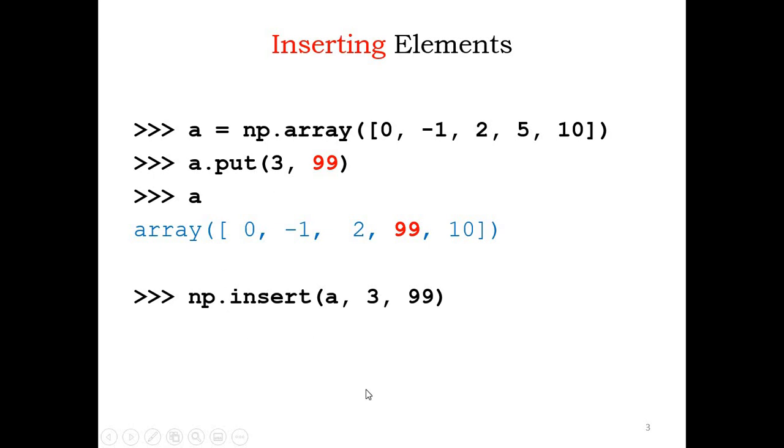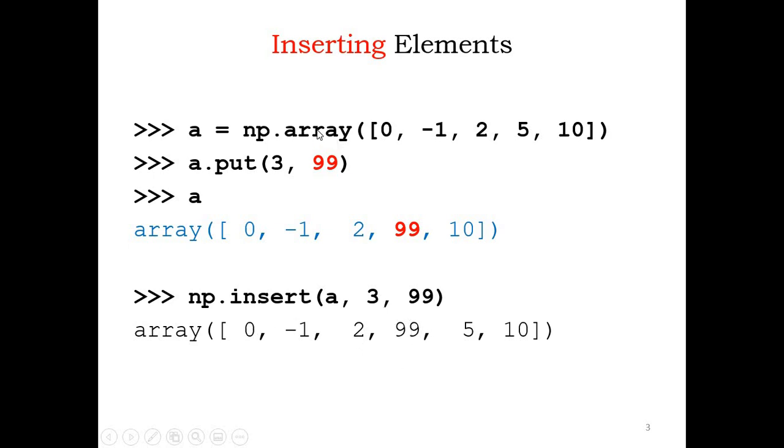np.insert. In this we write a, the array, 3, the index position, and 99, the element we want to insert. Now this is a little different: this is the 0th position, first position, second position, and the third position.